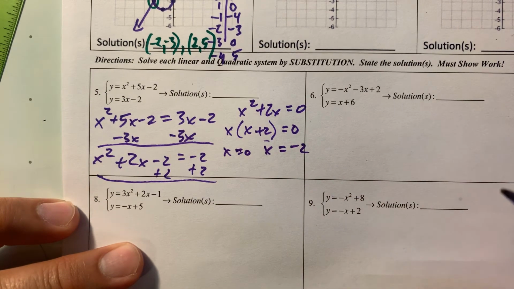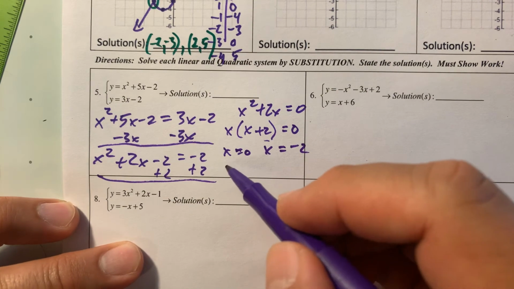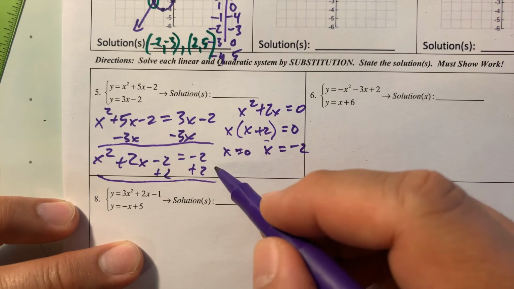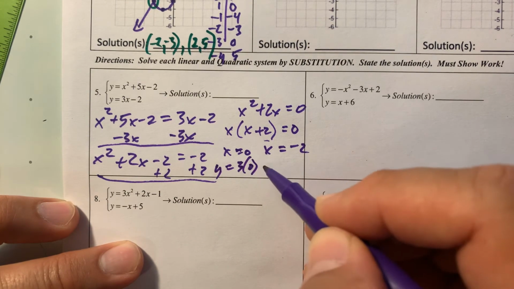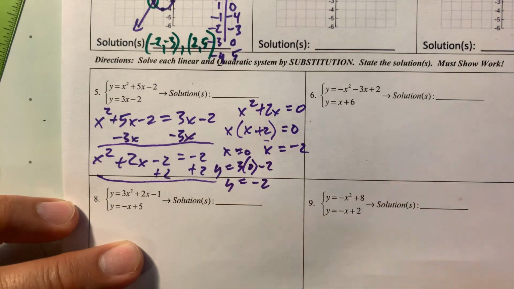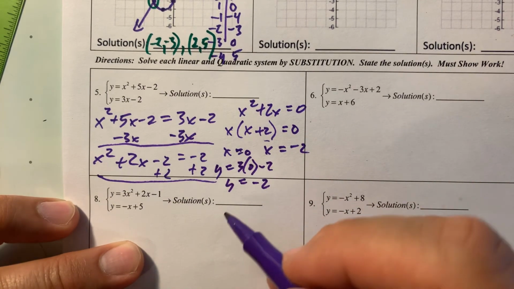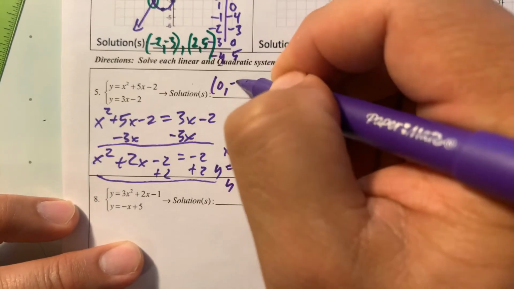Now I've got to plug both of those solutions into one of these equations. The easier of the two will be the linear one. So y is equal to 3 times 0 minus 2, which means y is equal to negative 2. So one solution is 0, negative 2.